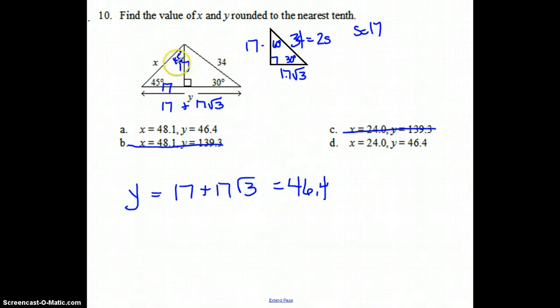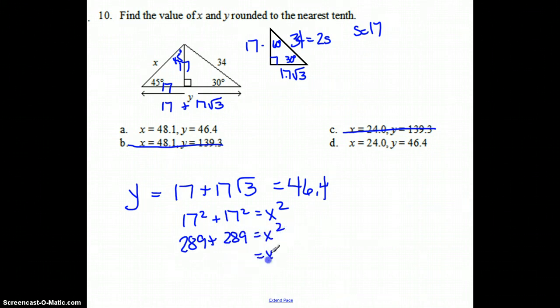Now, if I'm looking at this triangle, if I have 17 and 17 and x, let's just do Pythagorean Theorem. It's probably easier. So 17 squared plus 17 squared would equal x squared. 17 squared would be 289, and 289 plus 289 is 578.